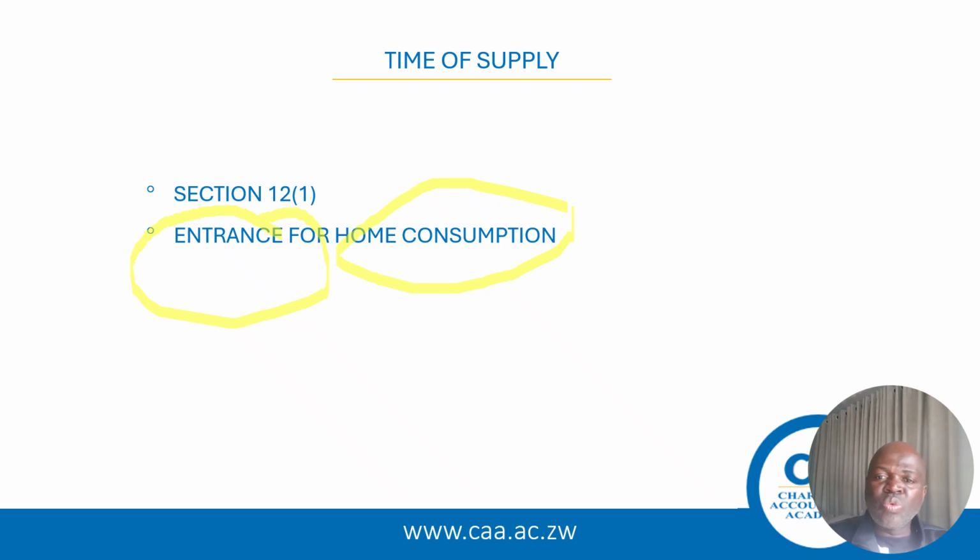So whilst the goods will enter into Zimbabwe in transit to Zambia, they've entered but not for home consumption. Therefore, no supply has happened in terms of imported goods.